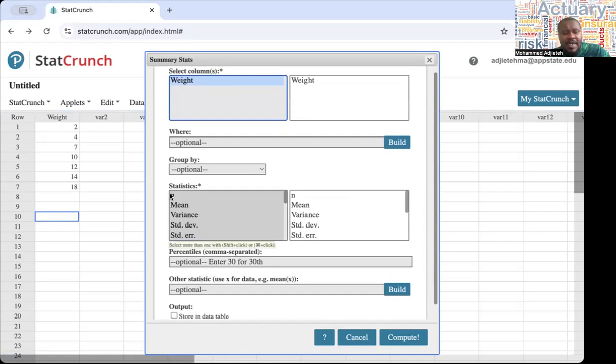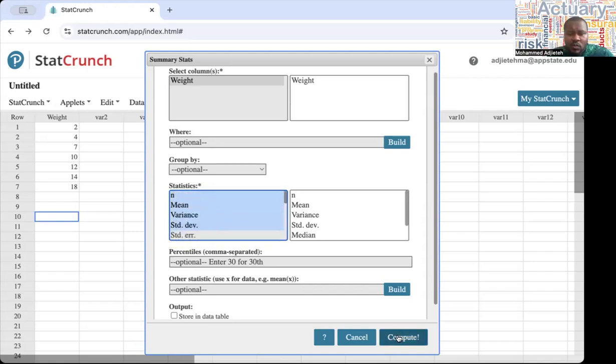This n here is the number of data points. I'm using a Mac, so I place my hand on Command, and then I want the mean, variance, standard deviation. I want the median. You could also compute the range. You could do Q1, Q3, IQR, interquartile range, and you could also do mode.